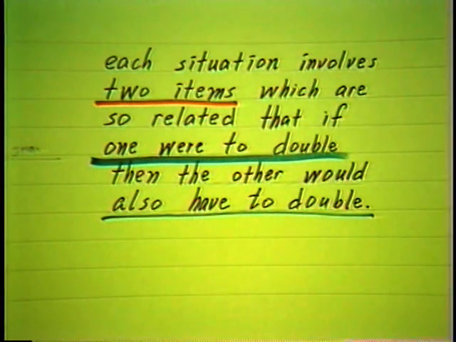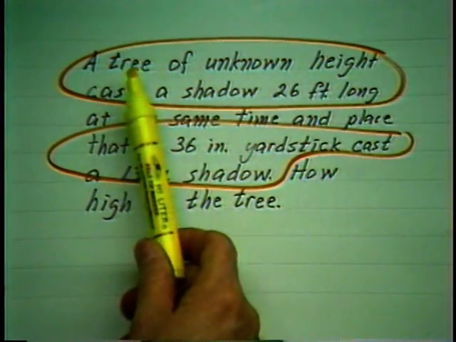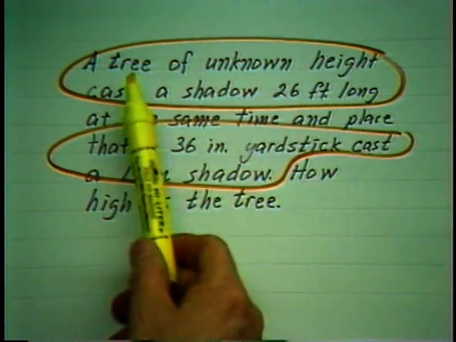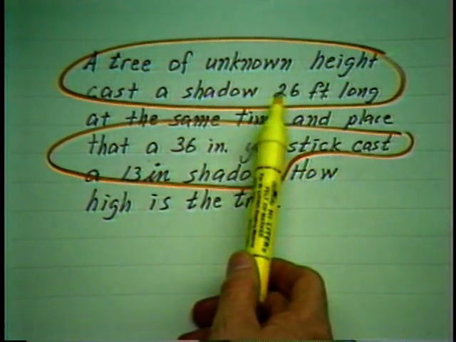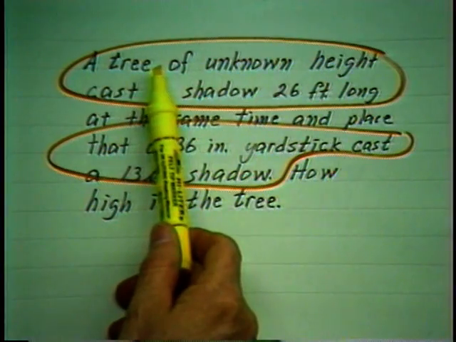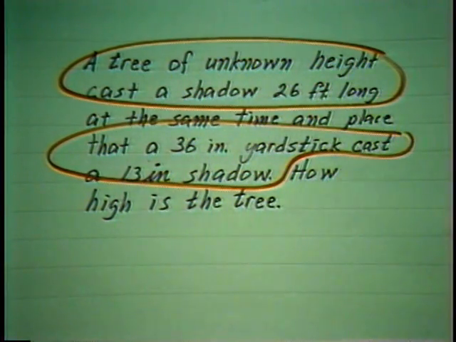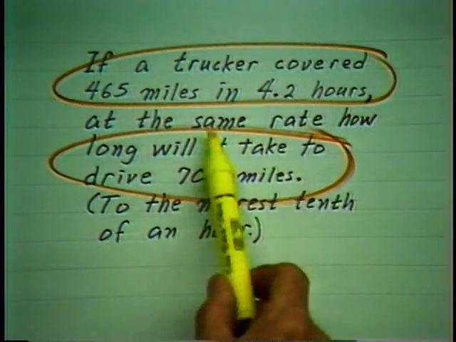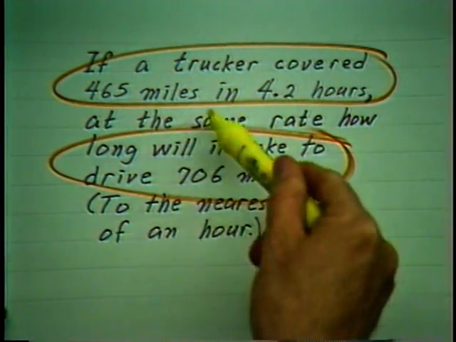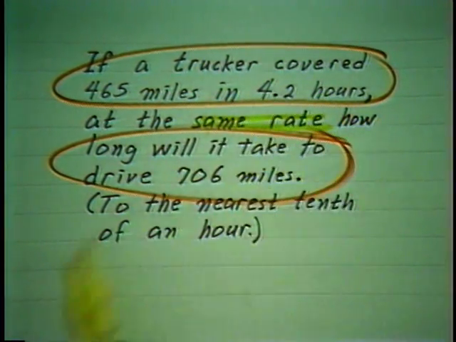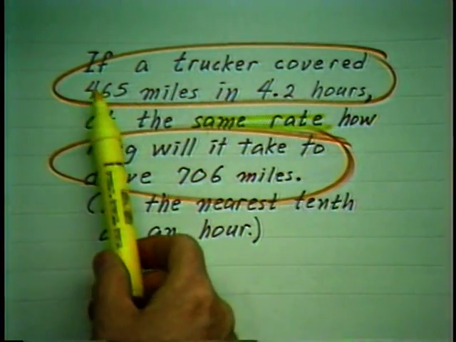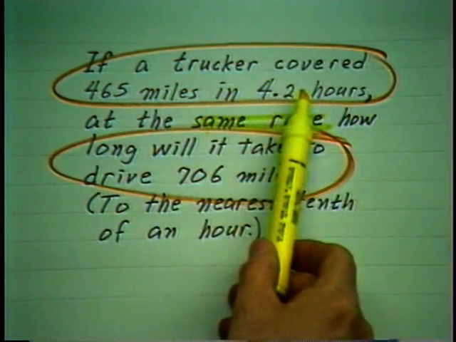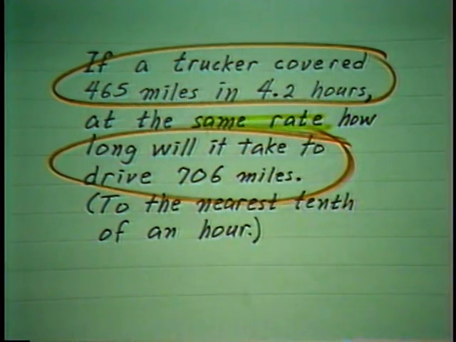Let's check that out. The tree problem. It stands to reason that if on the same ground at the same time, the tree were twice as high, its shadow would have to be twice as long. The trucker situation. If he's driving at the same rate, which it says he is right here, then if he were to drive twice as far, it would take him twice as long.